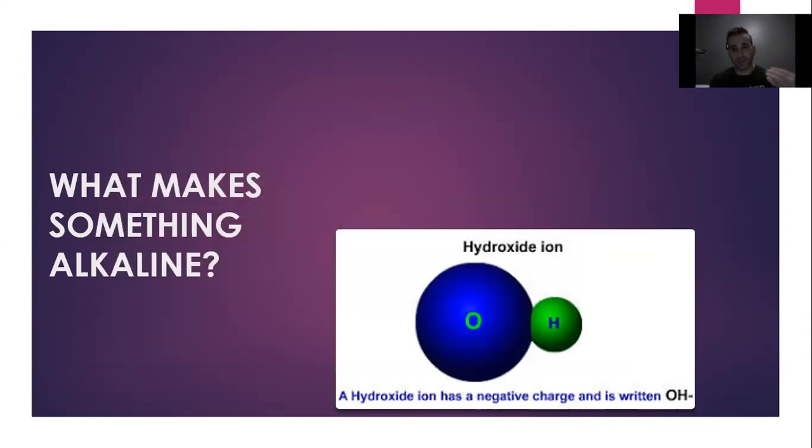So when you have less H plus or hydronium, I'm just going to call it H plus from now on, but now we know what it is. So when you have less H plus and you have more hydroxide, okay, that causes the pH to go up. So that's what is making something alkaline.